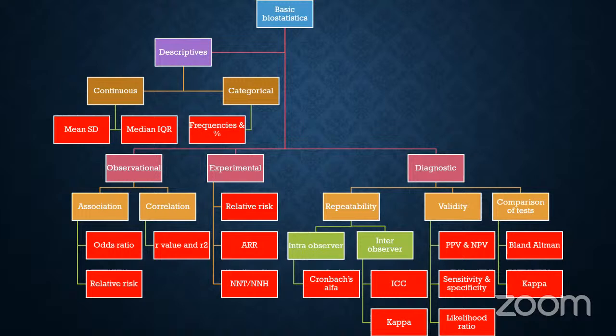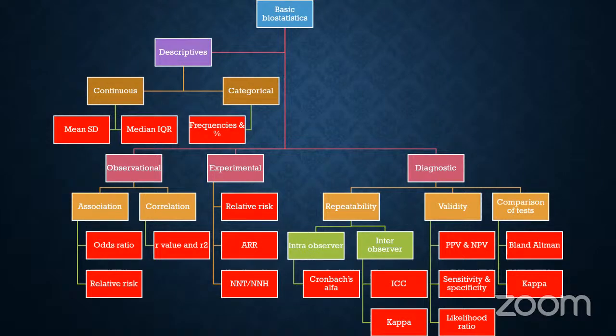The descriptive ones can have continuous variables like age, which if normally distributed would be represented as mean and standard deviation, or if skewed or non-parametric distribution would be represented as median and interquartile ranges. If they are categorical variables like gender, the output would come as frequency and percentage.